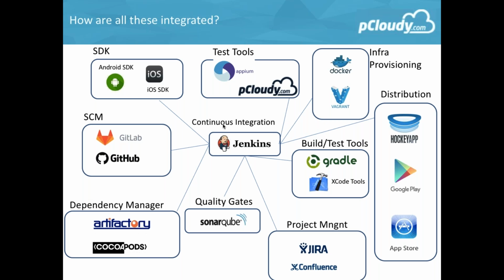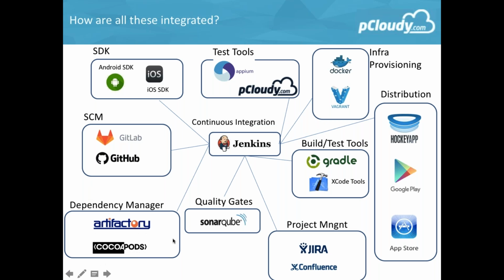So what I'm trying to say here is, at the core of it is a CI integration tool, for example, Jenkins, and then Jenkins drives each of the other areas. So you have a configuration management tool like GitHub. Jenkins picks up the code from GitHub to create a build.